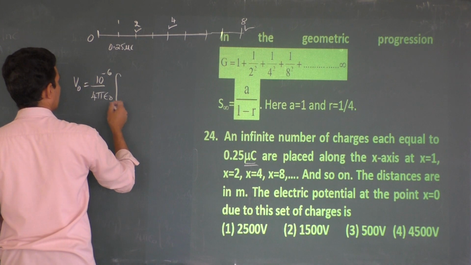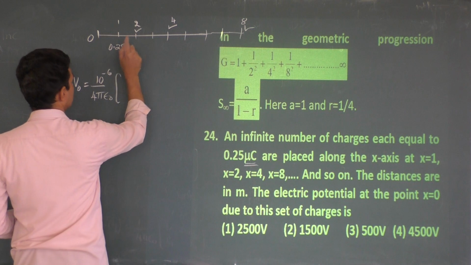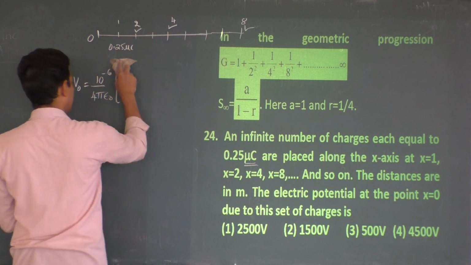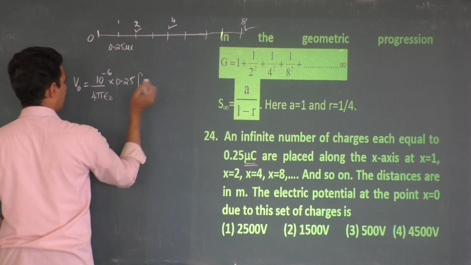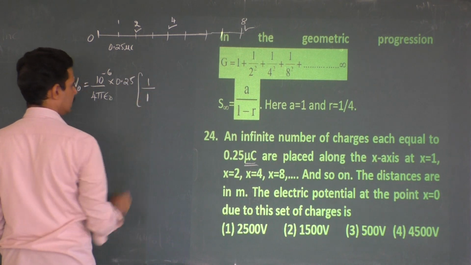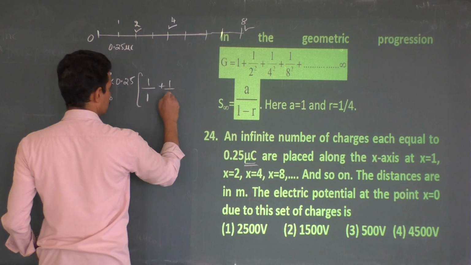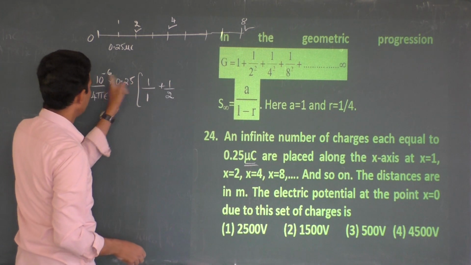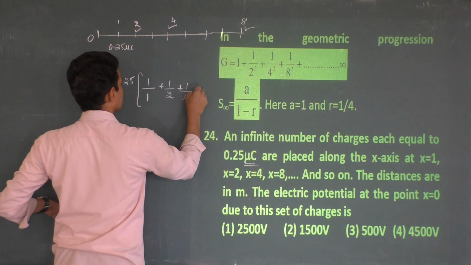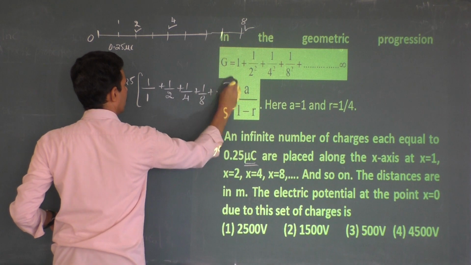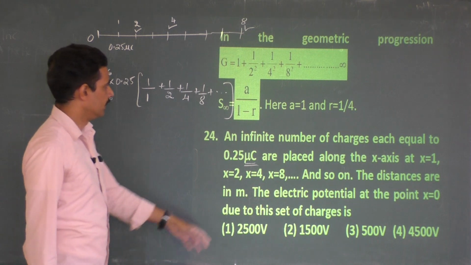Then 0.25 is also common, I can take it outside. What is remaining is the distances: 1 by 1 plus 1 by 2, 1 by 4 plus 1 by 8 plus so on. So this is what you get, right?